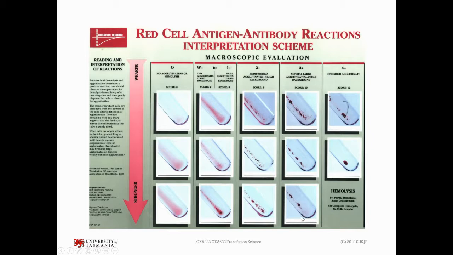Because as Sam showed in the video on strength of agglutination, even if you start off with a 12, with a solid agglutinate, you can end up with nothing because you can shake it away. So it's really important that you don't do that. It's very gentle with your agglutination reading.